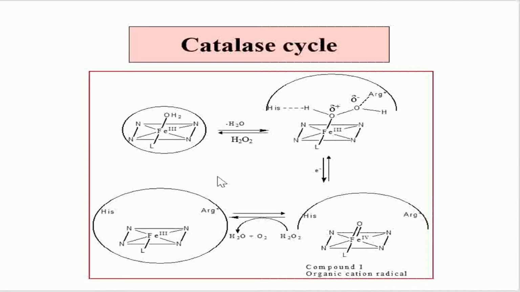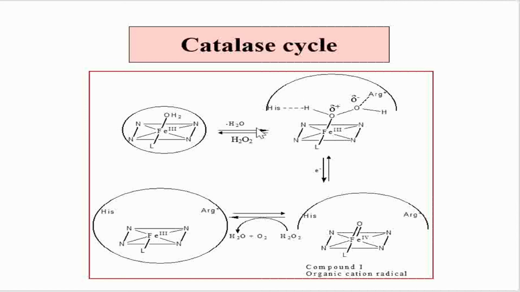Now, this is the catalytic cycle of the catalase enzyme. So this catalase enzyme generally disproportionates H2O2 to H2O and O2. It means it gets reduced to H2O and it gets oxidized to O2.